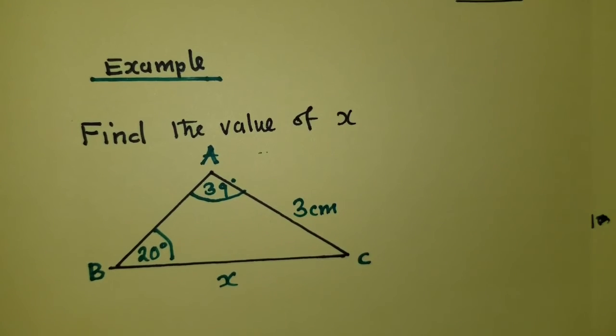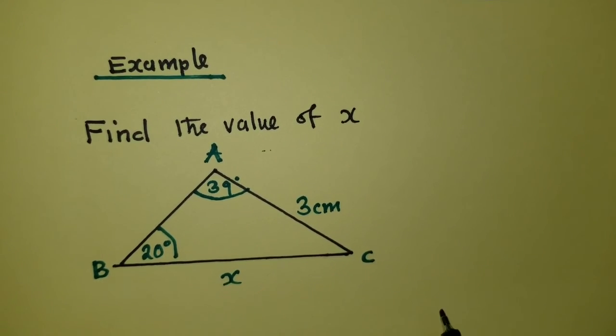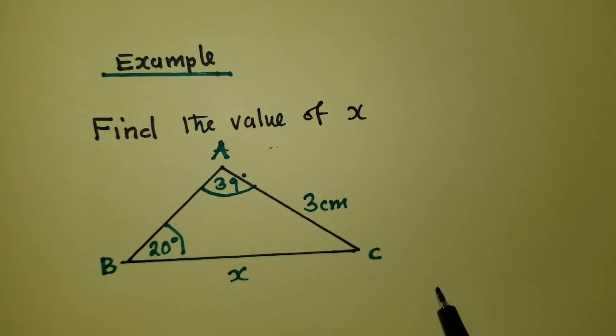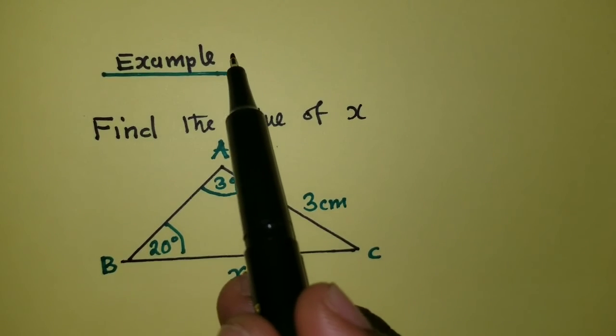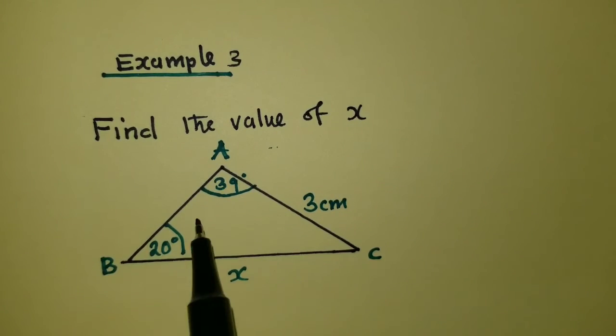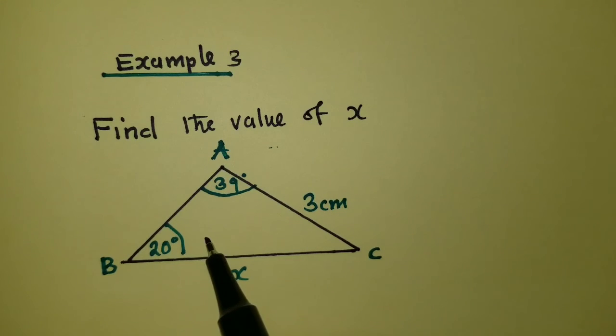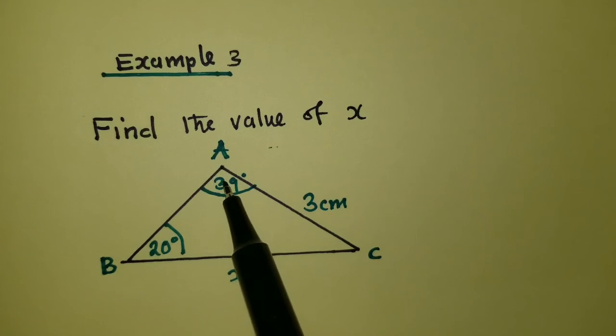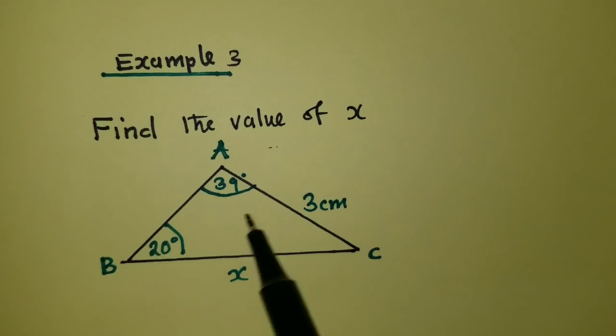All right, so we are now on example number 3. Now on example number 3, we also check if sine rule can work. We have got this angle, opposite side. This angle, opposite side. So this shows that sine rule can work.